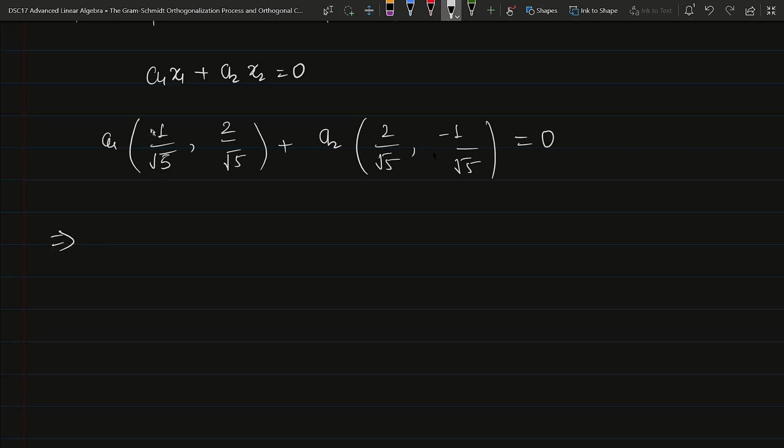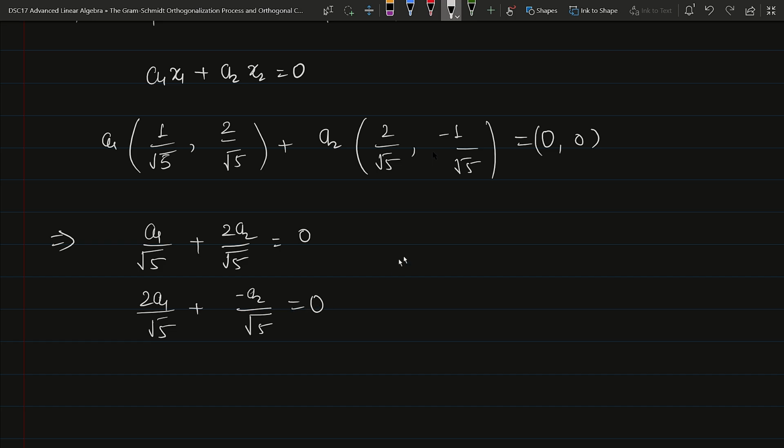This implies, if you multiply A1 and A2 and then add, you will have (A1 + 2A2)/√5 equal to, and let me write this 0 as (0, 0), the zero element in R square, equal to 0. And the second equation will be 2A1 by root 5 minus A2 by root 5 equals 0, the second component.